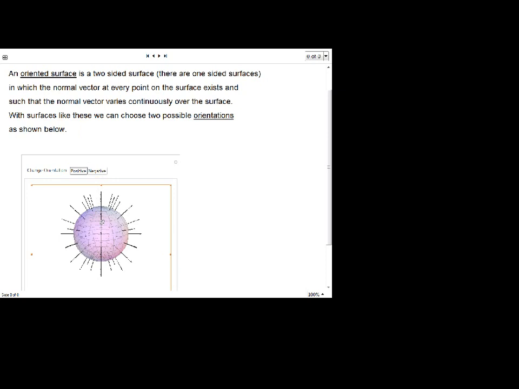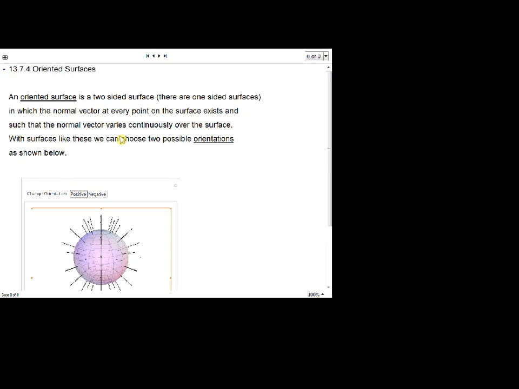It'll come up in just a second how we compute it. But we have what's called the positive and negative orientation. There are two orientations possible. If I compute the normal vector and it pops out, that would be positive. If it pops in, that would be negative.